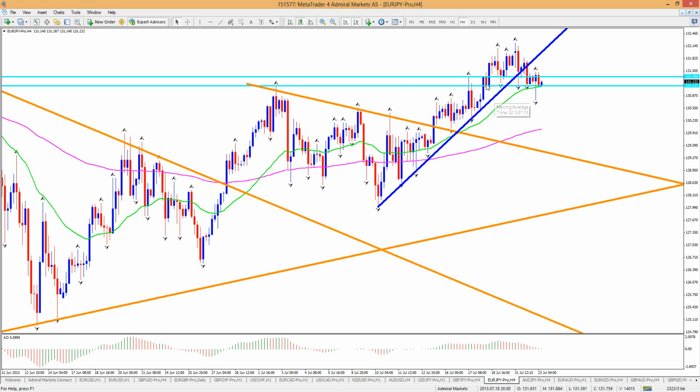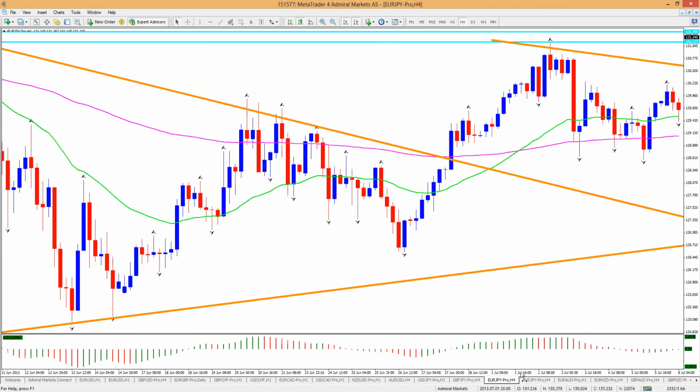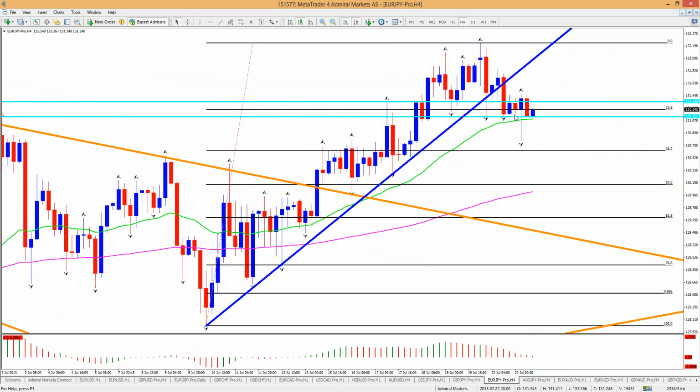We're making higher highs, higher lows. The only thing is that recently we're making kind of a bull flag, and if we put a fib on this upside from the bottom to top, you can see we hit the 382 and made a pin bar reversal candlestick pattern on the 4-hour chart.